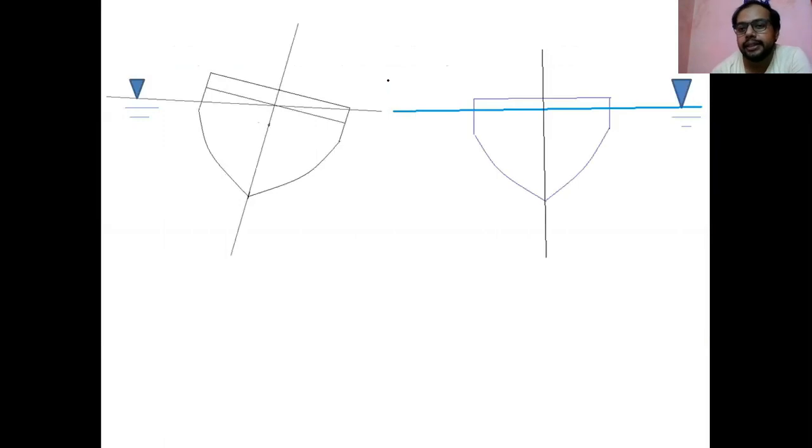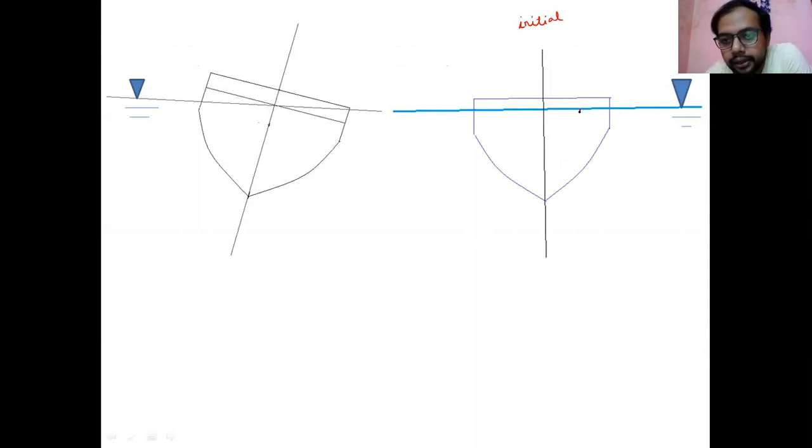So better to see here. Previously, the initial condition, that much amount was submerged. This is the submerged position.